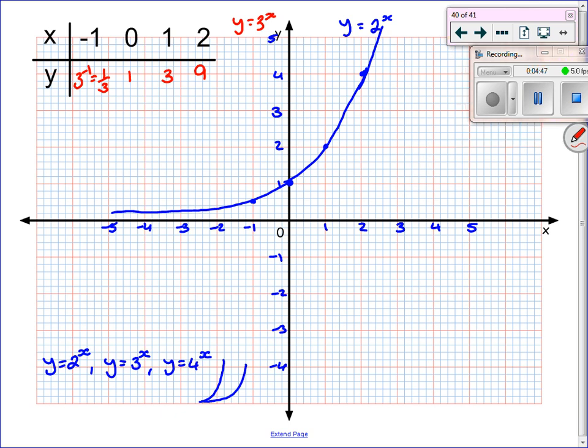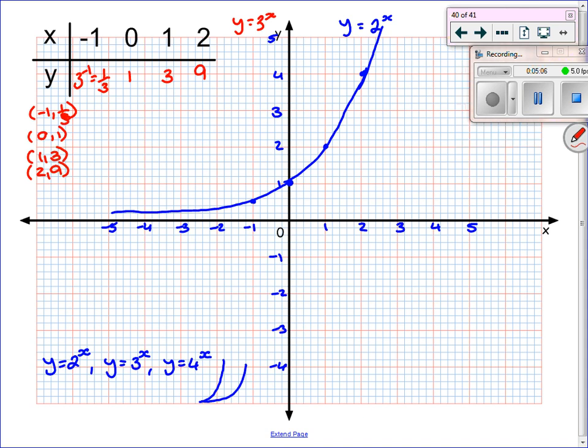So let's plot these points then. So my points are minus 1, a third, 0, 1, 1, 3, and 2, 9.